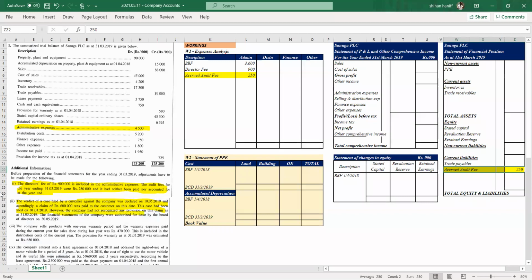The final result was given before the financial statement authorization. However, the company had not recognized any provision on 31st March. The financial statement was authorized for issue on 30th May. So the final verdict was given 10th of May, authorized 30th May. So this is called an adjusting event. So we have to make a provision of 600,000 for this claim.